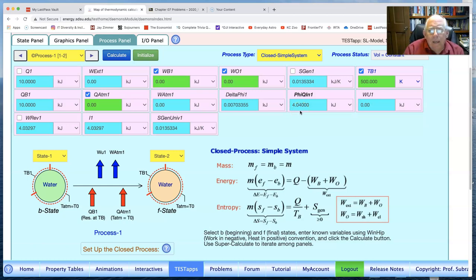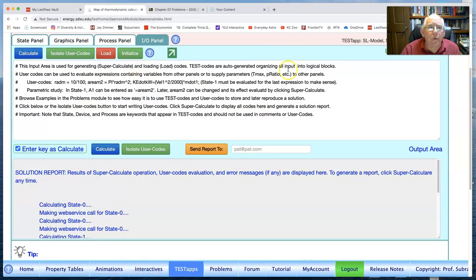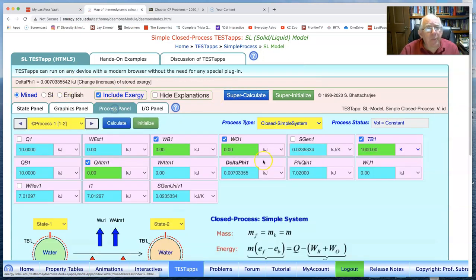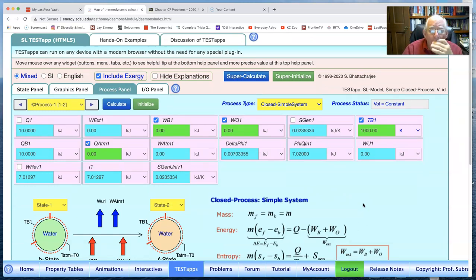And so in essence then, if I go back to this particular 1,000 and put in the right number here, okay, the answer to our problems, now I can go to the I.O. panel, I can do a super calculate, I can go back to the process panel, and the answers to the questions that I'm looking for in this is the exergy transfer due to heat at the 1,000.